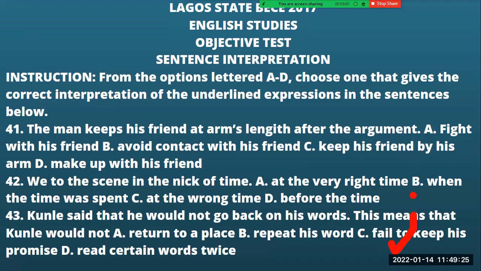But when you rescind, when you decide to go back, you have failed to keep your promise. So Kunle said he would not go back on his words means that he would not fail to keep his promise. D, read certain words twice, no.